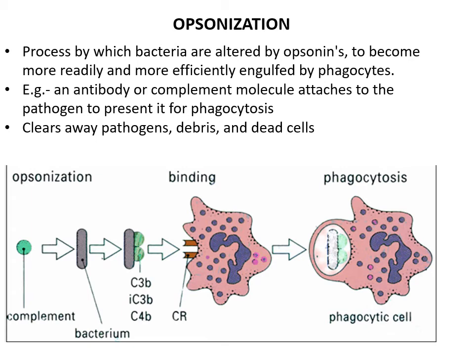So the complement system helps the bacteria stick to, say, a macrophage and get engulfed and phagocytosed by the macrophage. Okay, so the complement system is just a series of proteins to help in this process of destroying foreign matter or bacteria and viruses.